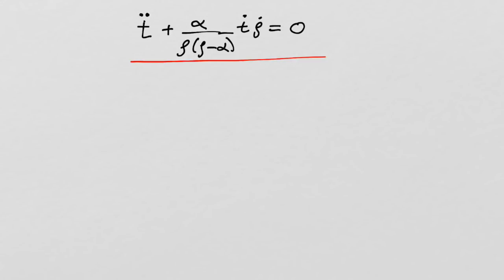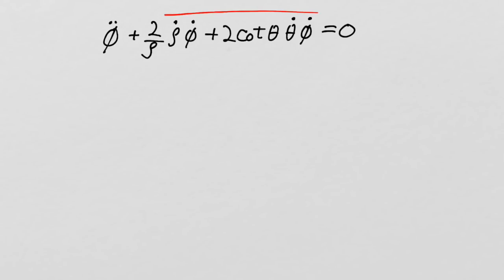There is no place to apply the theta equation here. Our theta equals pi over 2 equation doesn't affect this at all. And here is the azimuthal equation, the phi equation, and this one will be simplified somewhat, well, I don't know how significantly.